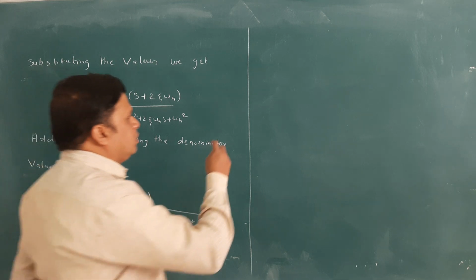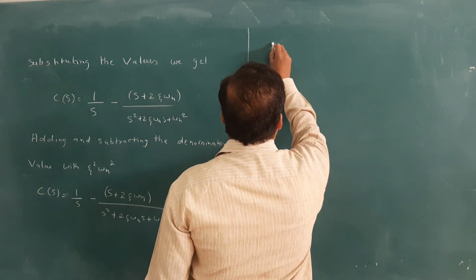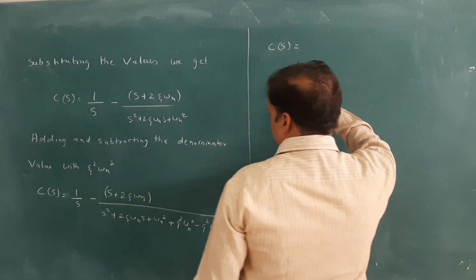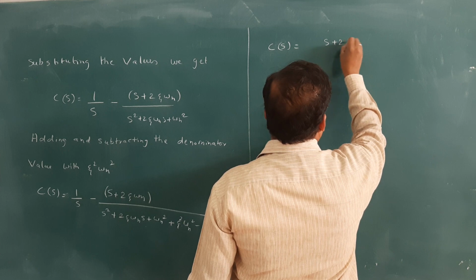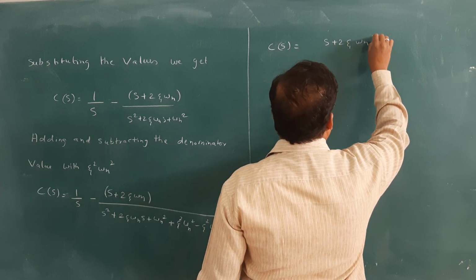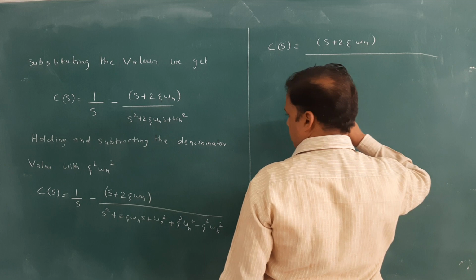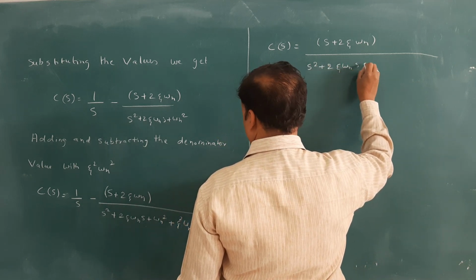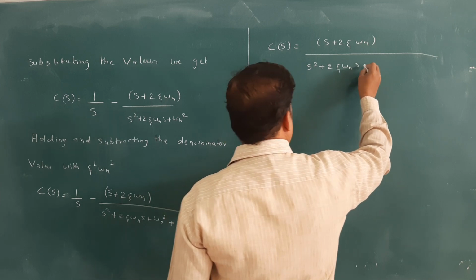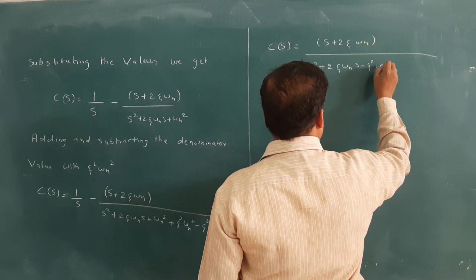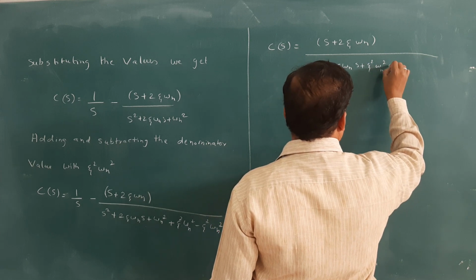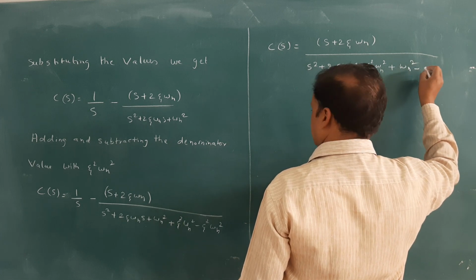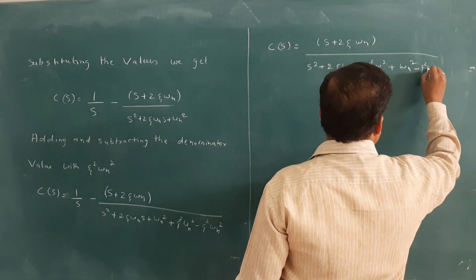Now writing this equation, C of s is equal to (s plus 2 zeta omega n) divided by (s square plus 2 zeta omega n s minus zeta square plus zeta square omega n square plus omega n square minus zeta square omega n square).